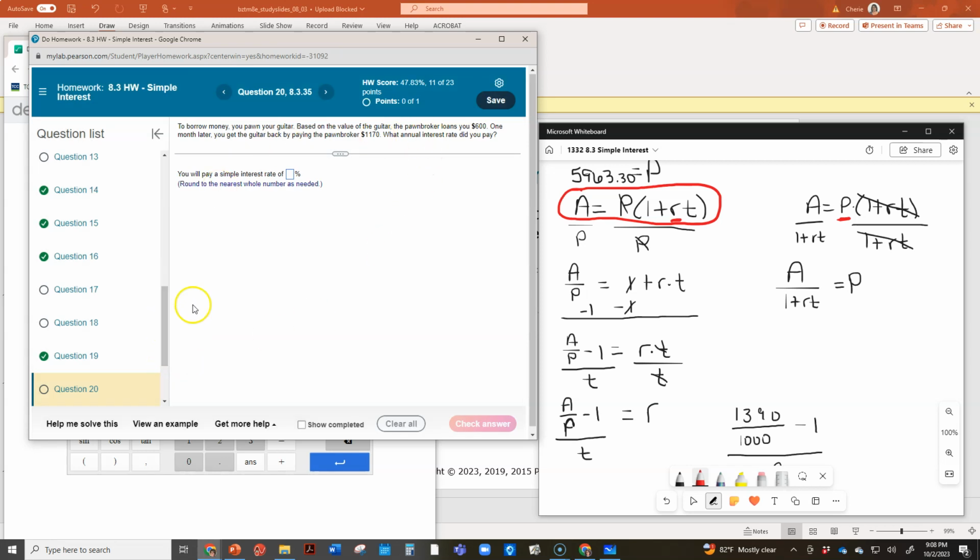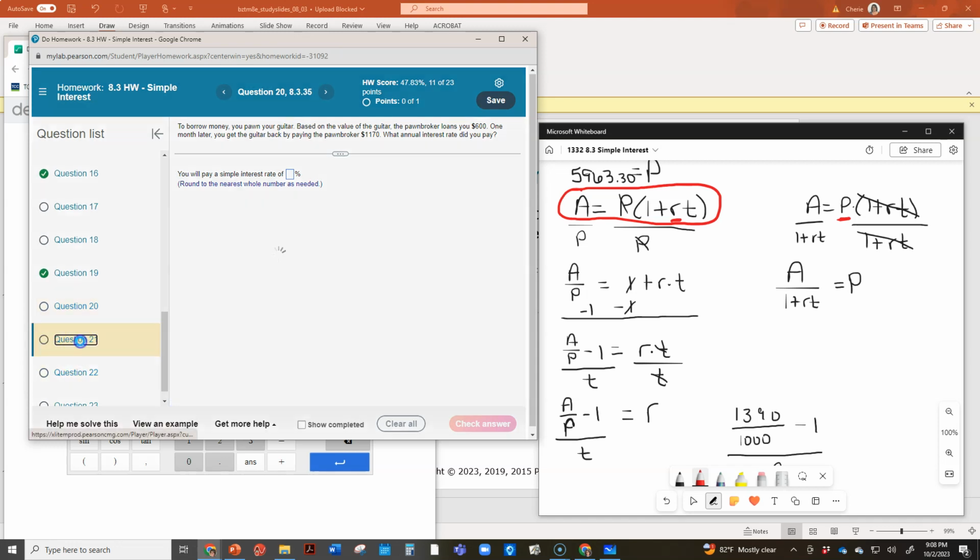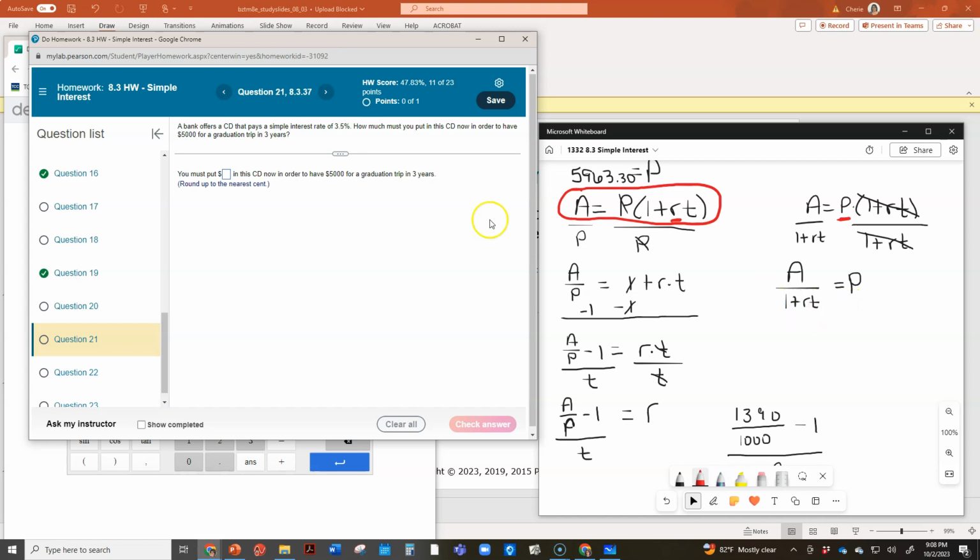Same thing here. Plug it in. You will pay simple interest rate of, same formula. 21. You must put in this CD now in order to have 5,000. So that's this formula right here. They want you to plug this in for P. So you're going to have a simple interest rate, 0.035.